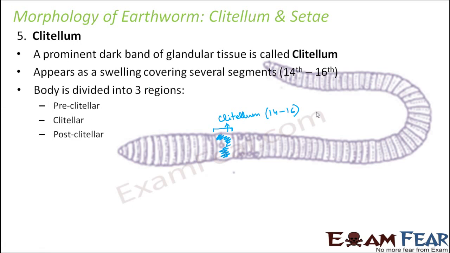Now, based on the presence of this clitellum, the body of the earthworm is divided into three regions. Preclitellar, so this entire region is known as preclitellar. This portion is known as clitellar, and beyond this is known as postclitellar. So preclitellar, clitellar and postclitellar. Right?